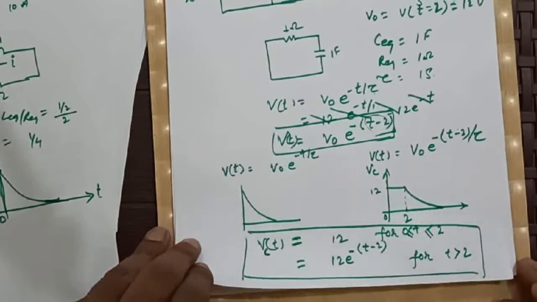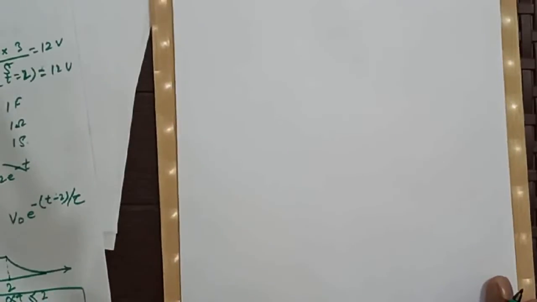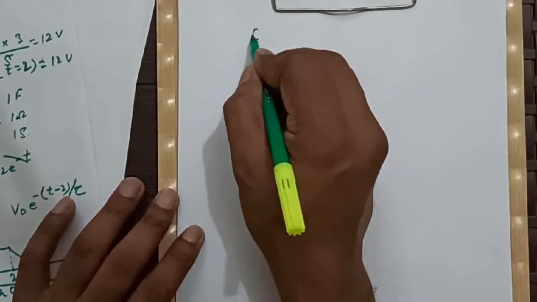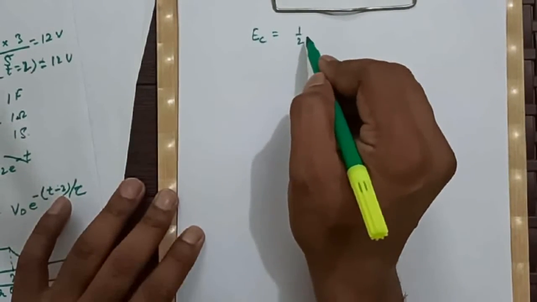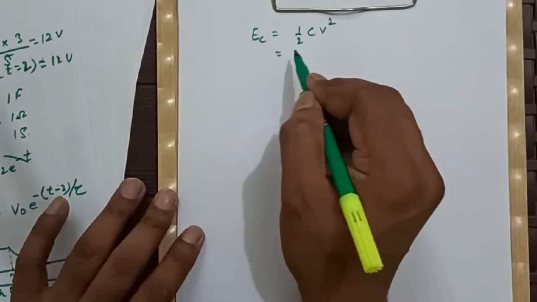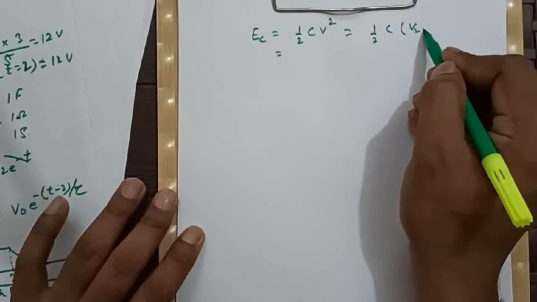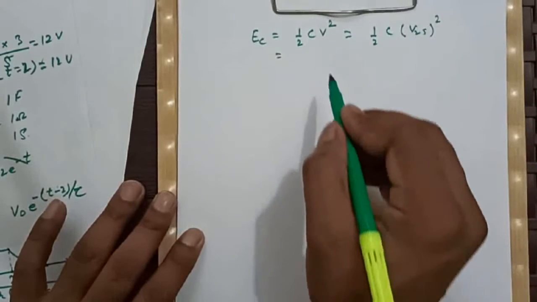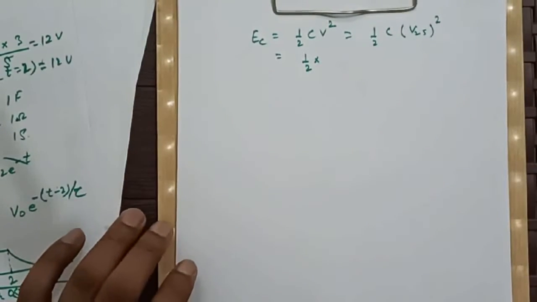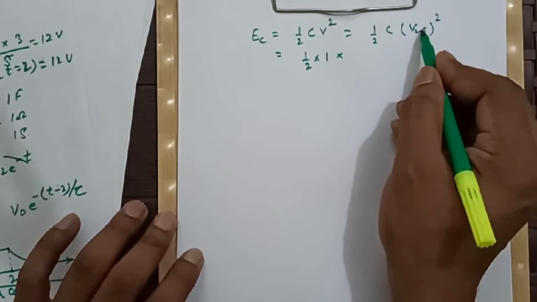Now the question was, find the energy stored in the capacitor at time t equal to 2.5. So energy stored in the capacitor will be half C V square. Now this will become half C V at 2.5 second, squared. C was 1 farad, into V at 2.5.